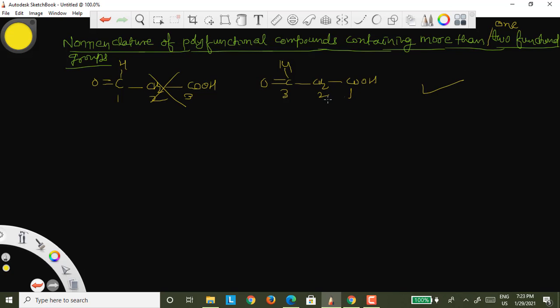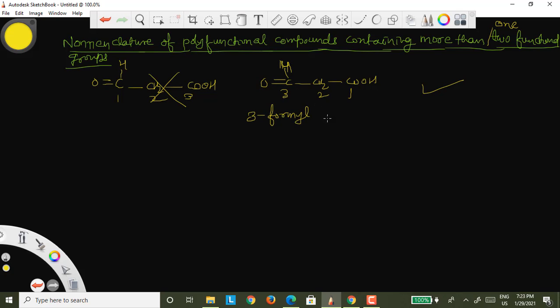So COOH highest priority means now this functional group with carbon number 3 will be prefix. Now one will be suffix name. So now this name will be 3-formyl, or 3-oxo also we can give. In formaldehyde, the prefix name is formyl.